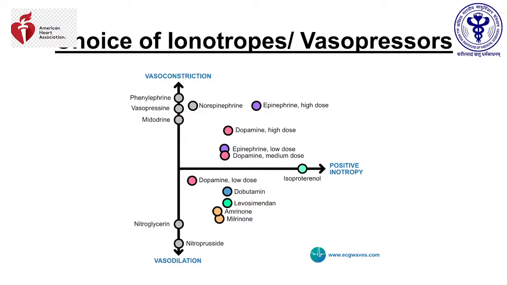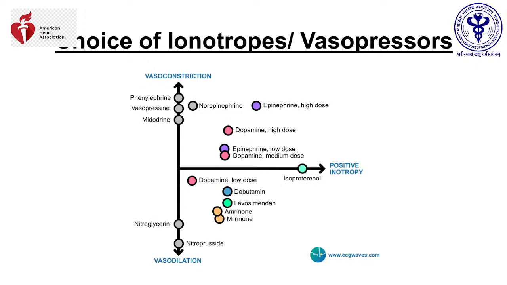So when you want bradycardia, that would be a better choice. Isoprenaline is a positive inotropic agent, better when there is bradycardia-induced heart failure or something like that. Epinephrine is again similar. Dopamine at medium dose, low dose, we have stopped using nowadays.